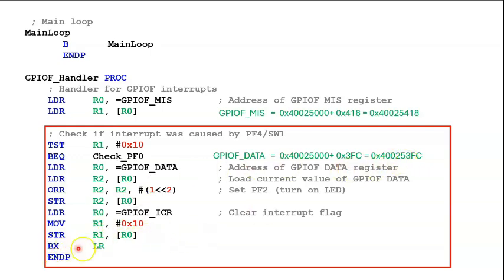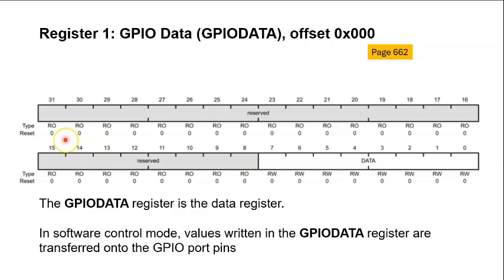And then the BX LR instruction will return control back to the main program. And ENDP here marks the end of this GPIOF handler procedure, or ISR.